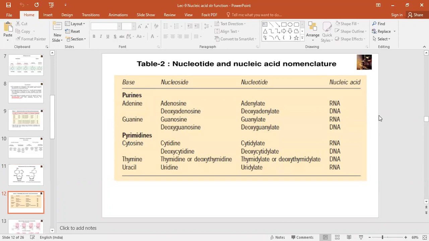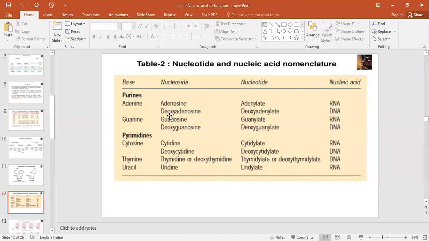So what is the difference between nucleoside and nucleotide? Nucleoside means the phosphate group is not there, but the sugar is joined to the nitrogenous base by means of the beta glycosidic linkage. Nucleotide means nucleoside plus phosphate. So how is the nomenclature given?